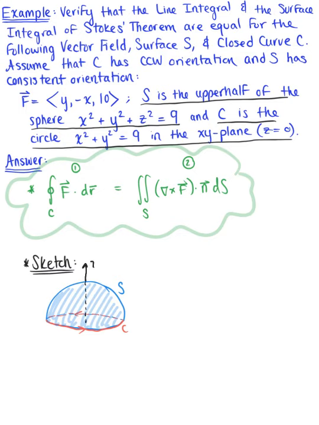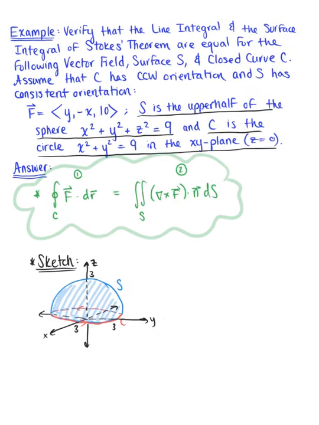So we have the z-axis. We have the x-axis and the y-axis. So we also want to note here that our sphere has a radius of 3. So we'll be sure to indicate this on our graph.